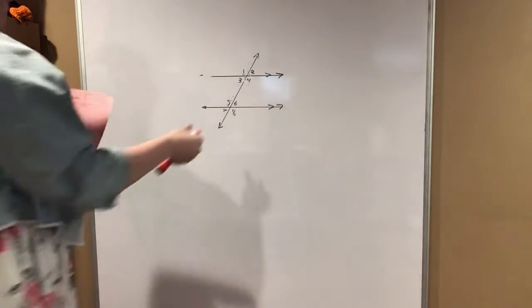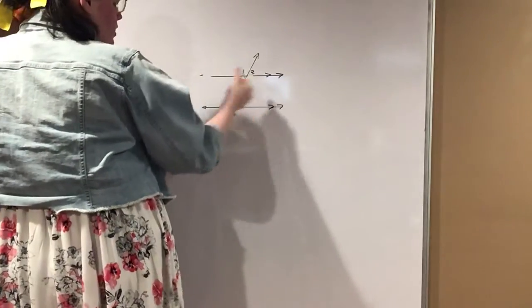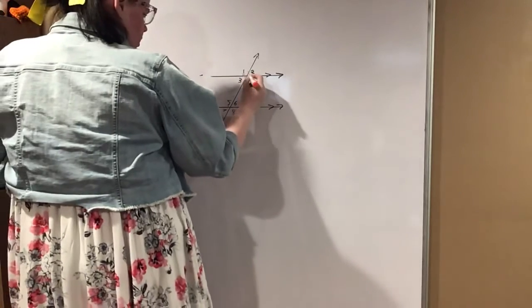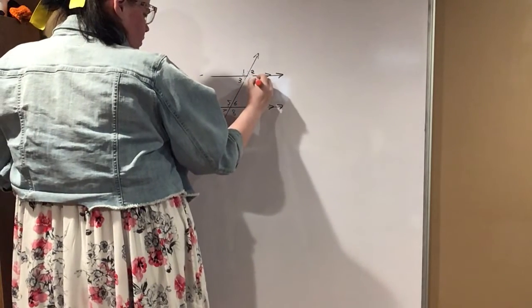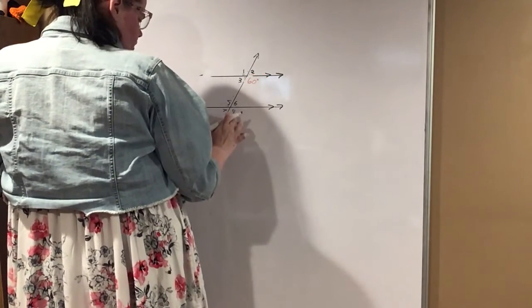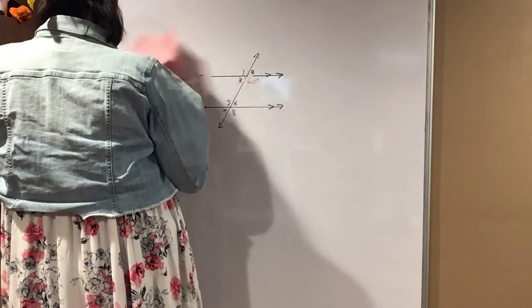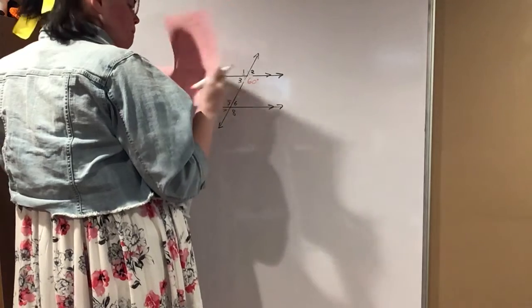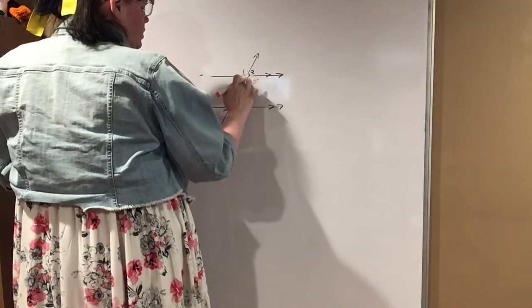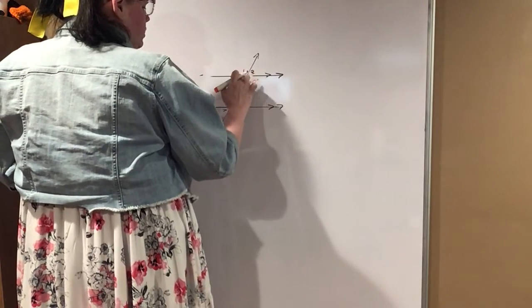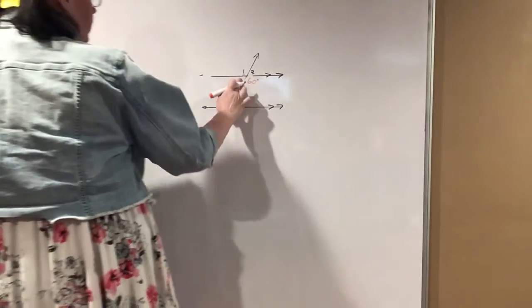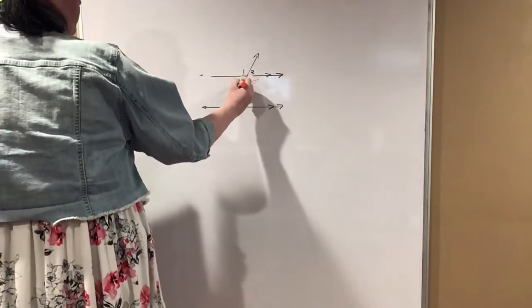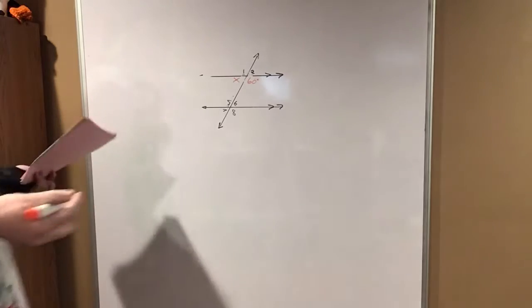So, if I'm given that this angle is 60 degrees, and they want us to find out what this angle x is.